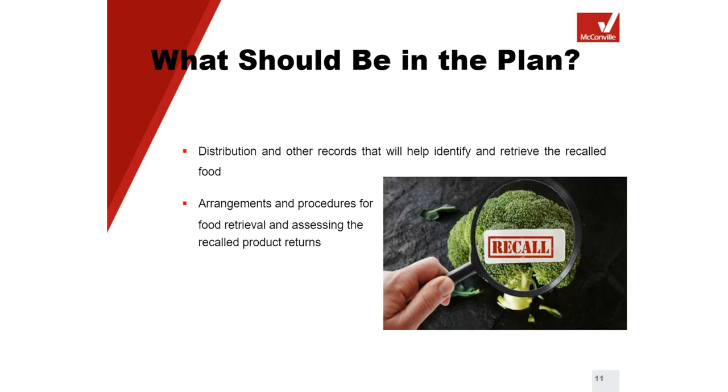So other things that should be in your plan and part of your recall procedure: the time that the recall commenced, the name of the company or companies who are involved, the product type, so the name of the product, and the nature of the hazard.